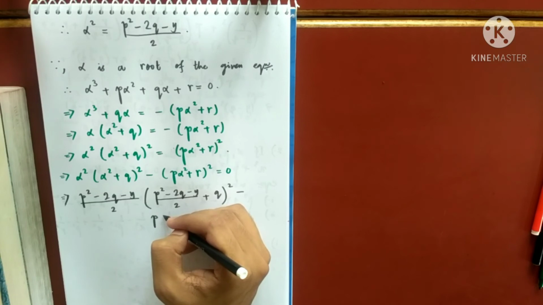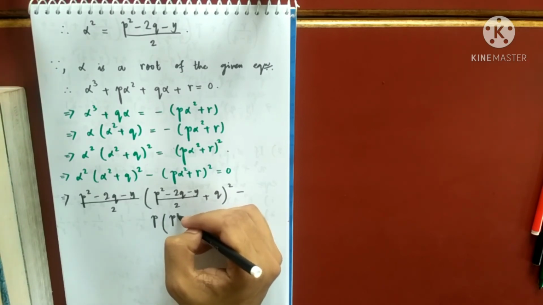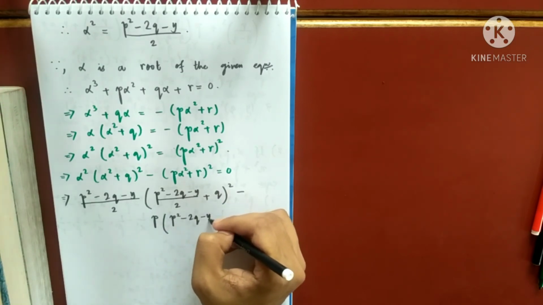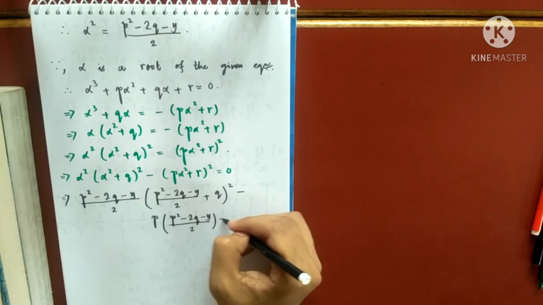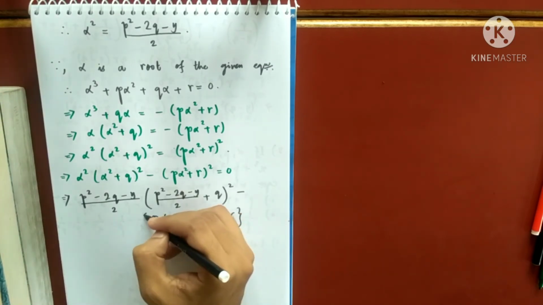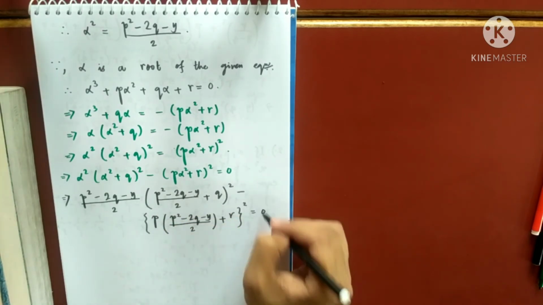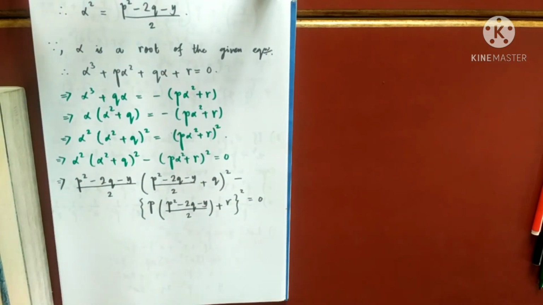So p into alpha square, which is nothing but p into (p square minus 2q minus y) by 2, plus r whole square equals to 0. You have to simplify this carefully.